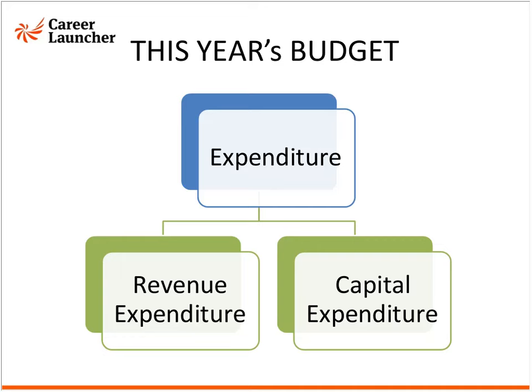Why? Because from a government's perspective, what is a more meaningful expenditure? Those expenditures that lead to capital generation are more meaningful from a longer term horizon. And that is why the decision was to be more crystal clear, dividing expenditure between revenue and capital expenditure.